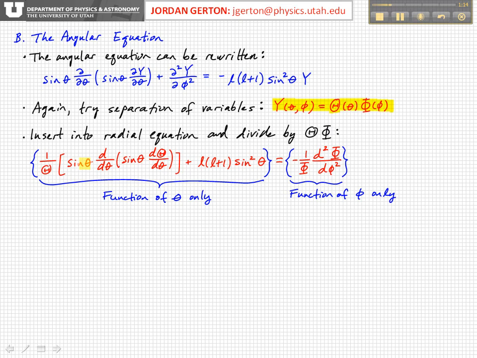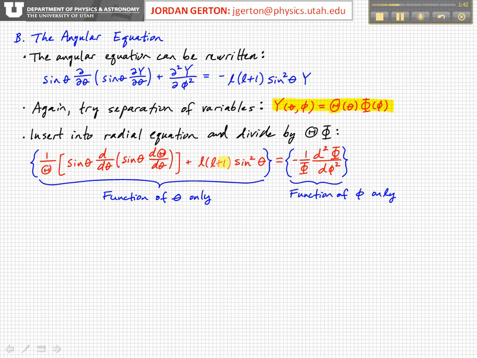So you can see that this left-hand side of the equation depends only on theta. Big theta is a function of theta. Everything here depends only on theta. L, if you remember, we're going to see that it's actually an integer, but L times L plus 1 is a constant that we got when we separated the radial and angular parts.